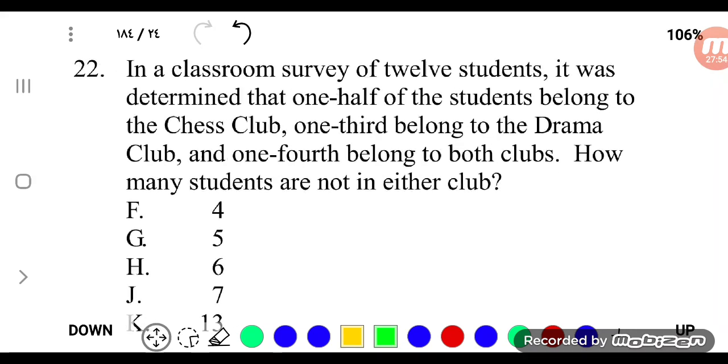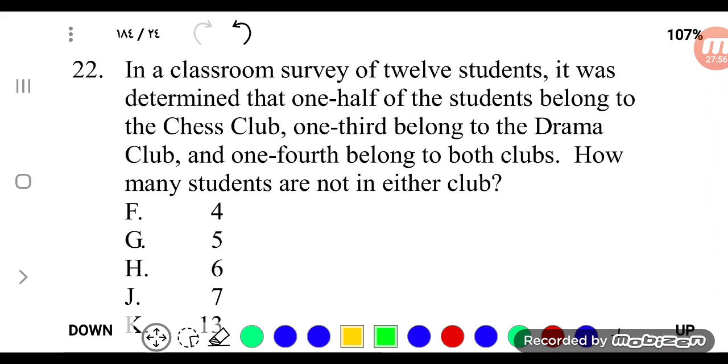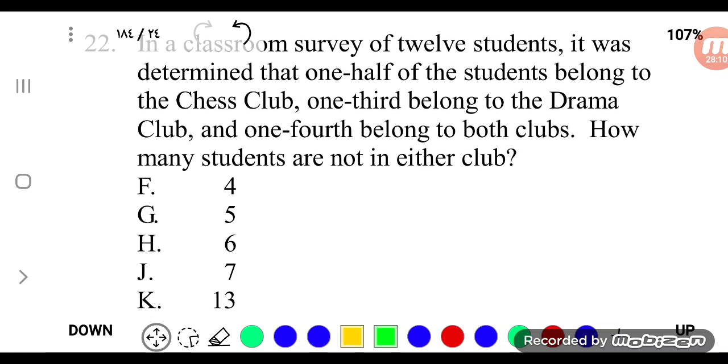Next one. In a classroom survey of 12 students, it was determined that 1/2 of the students belong to the chess club, 1/3 belong to the drama club, and 1/4 belong to both clubs. So we have chess and drama. Let's draw a Venn diagram for this question like this.